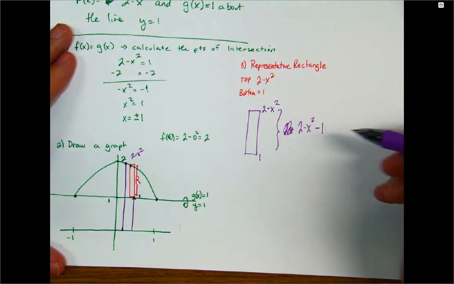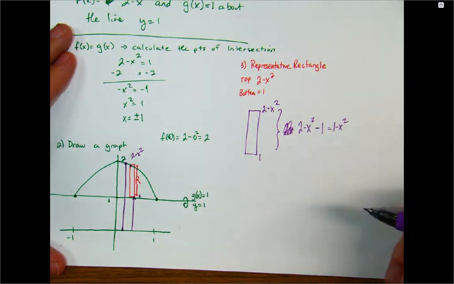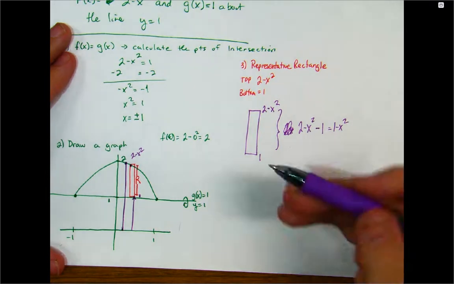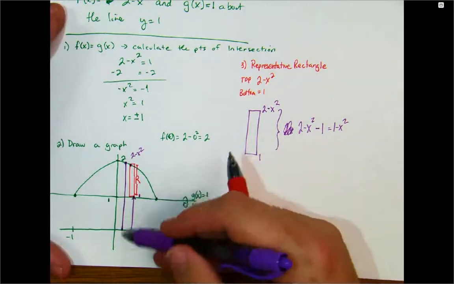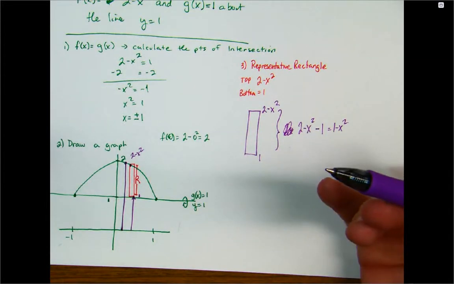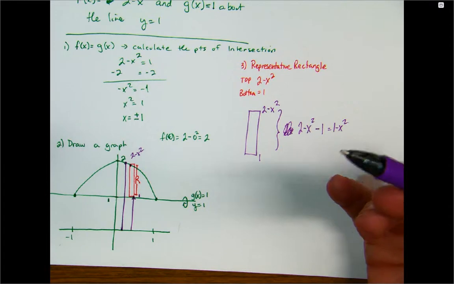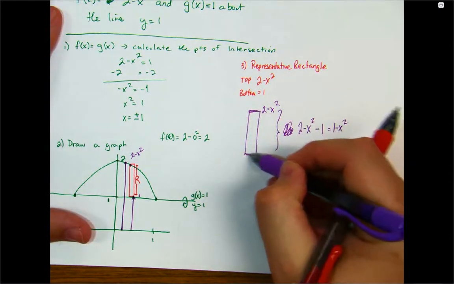So what's that going to end up being? 1 minus x squared. So every single time that you have to build your rectangle, you have to figure out, all right, well, in this case, what's the top going to be and what's the bottom going to be, and then I have to subtract it.